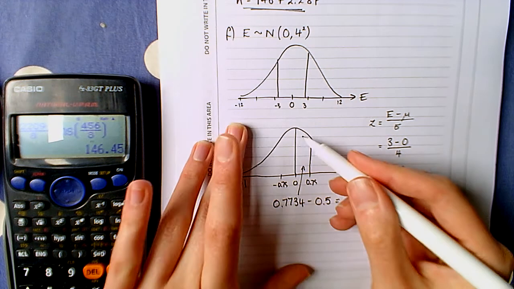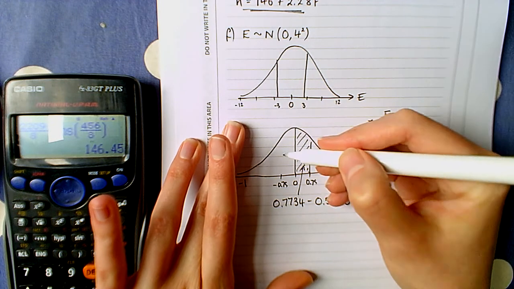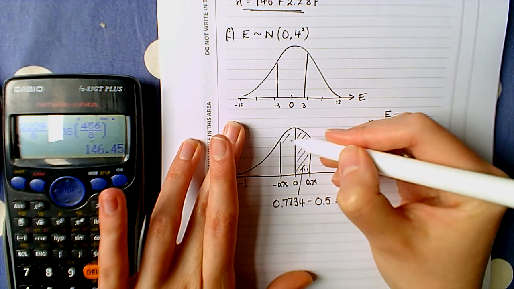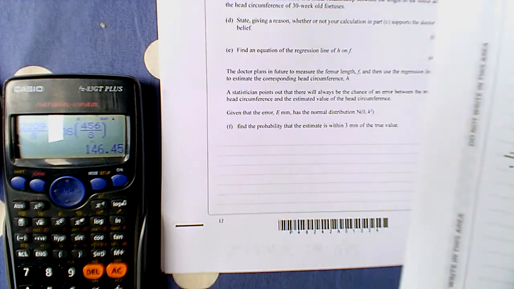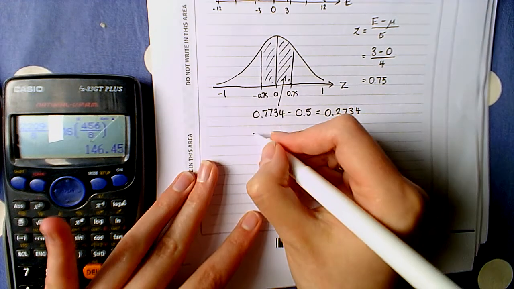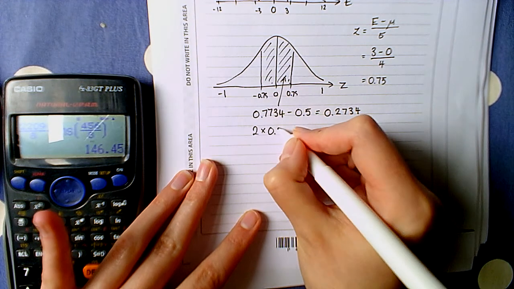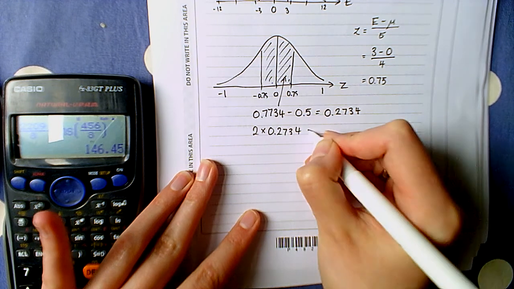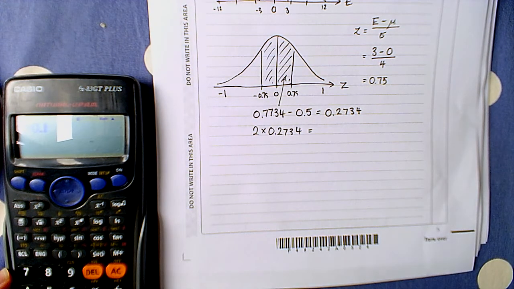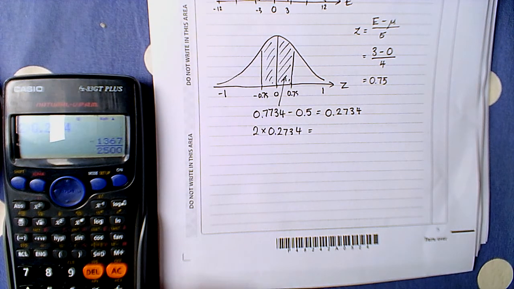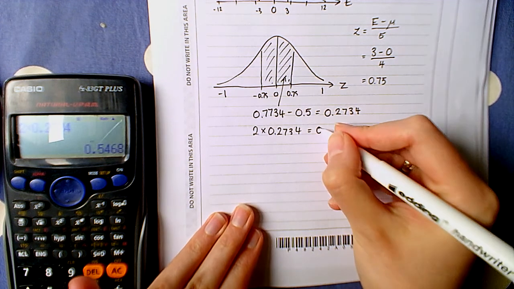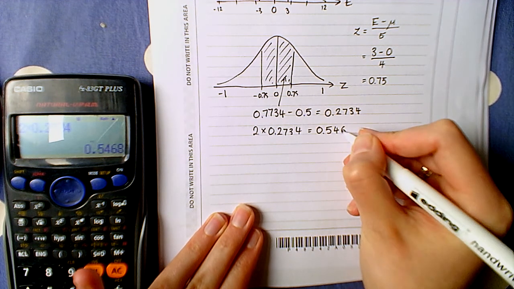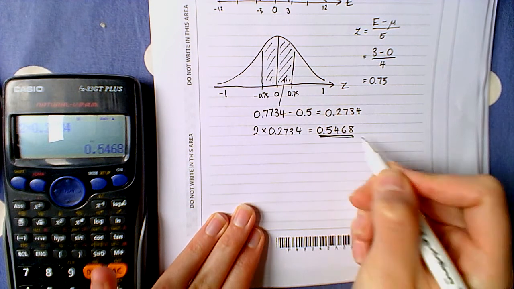And now I don't just want that part, I want it doubled. I want this part as well, symmetrically the same. And so I can finish off by doing 2 lots of 0.2734, which is 0.5468.